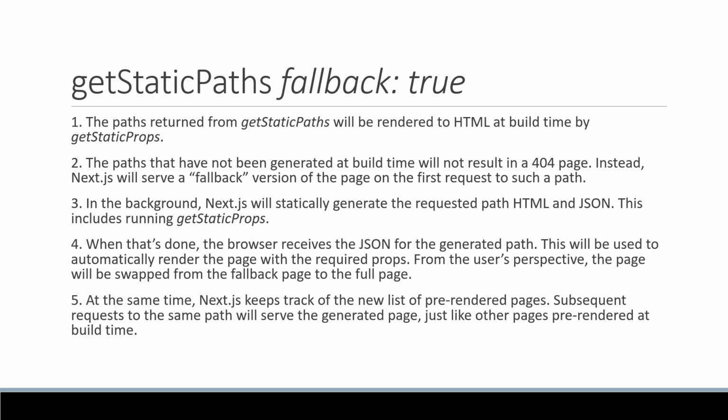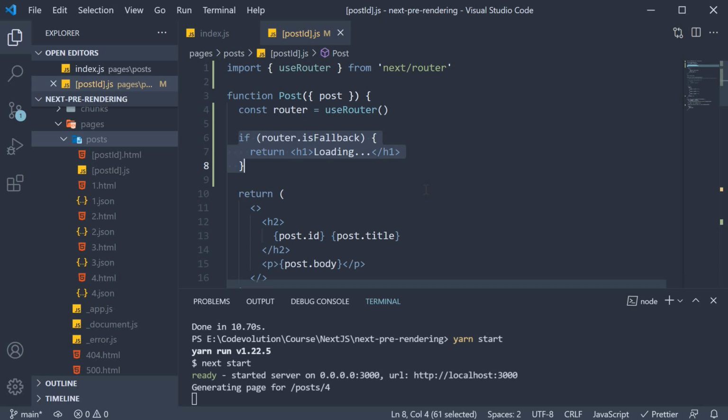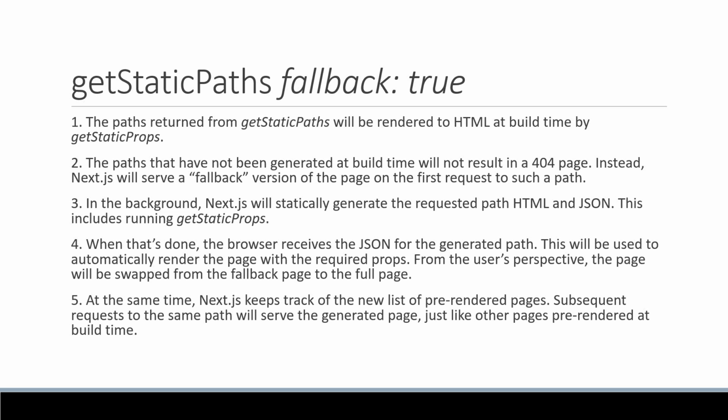However, when we navigated to /post/4, the 404 page was not shown. Instead, a fallback version of the page was shown. In our example, the fallback version of the page is the loading text, which is why we see the loading text on the initial request to the page. Hopefully, point 2 makes sense now.